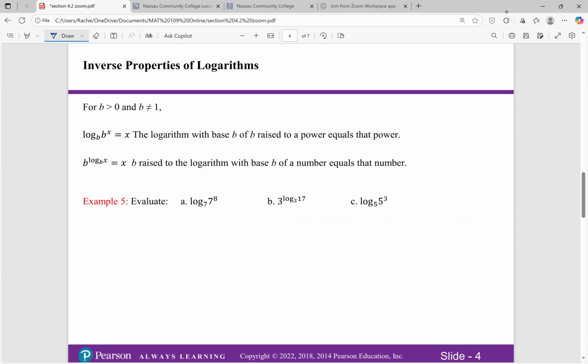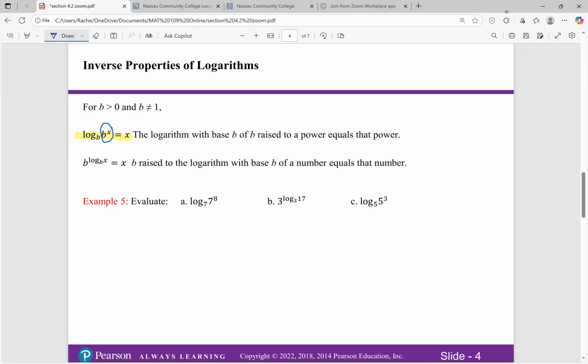There are also inverse properties of logs. So for example, if we look at this first one that I just highlighted, log base b of b to the x is just going to be equal to x. Because remember, the definition of a log is what's the exponent that we would have to raise the base to in order to get this expression.